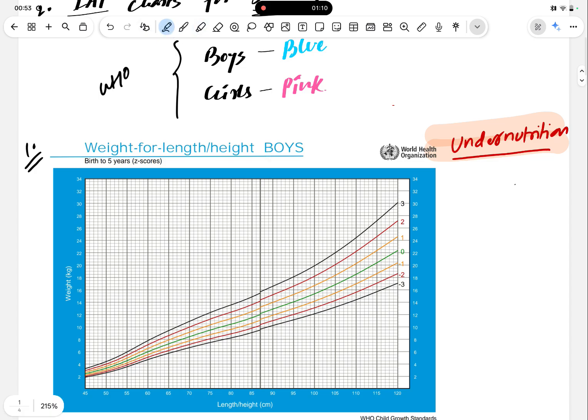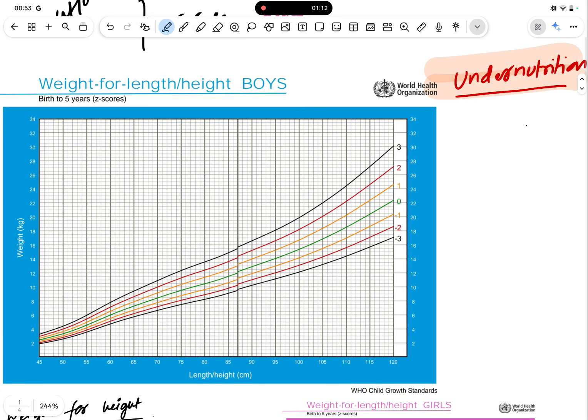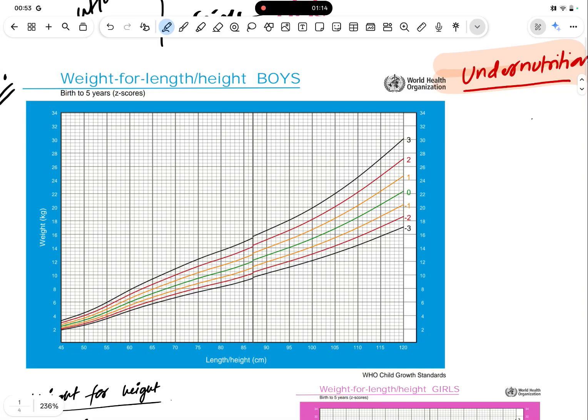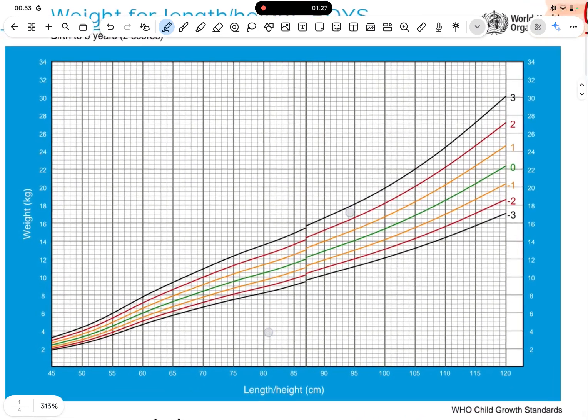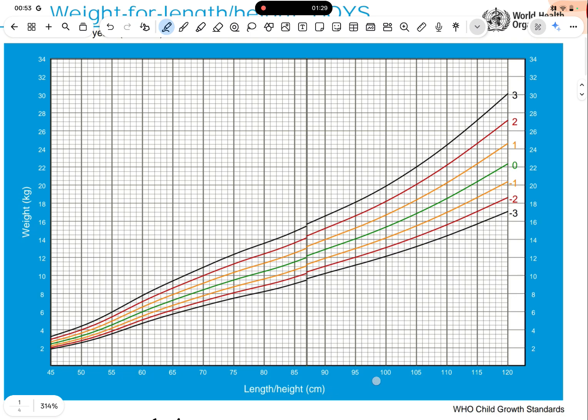Okay. So starting with the example, let us take the height of the boy child to be 100 centimeter, and weight is around, let's take 16 kg. So first of all, we have to plot, that is the 100 centimeter and 16 kg.